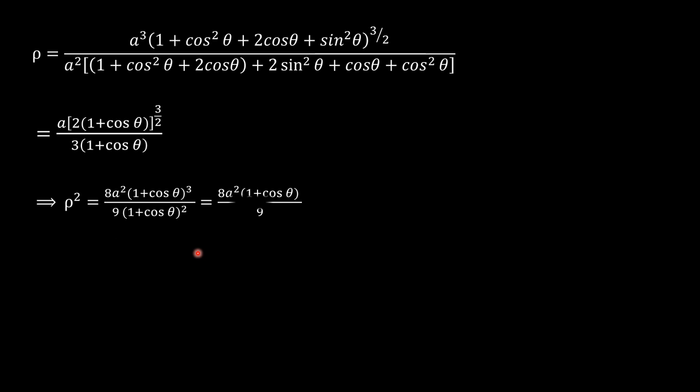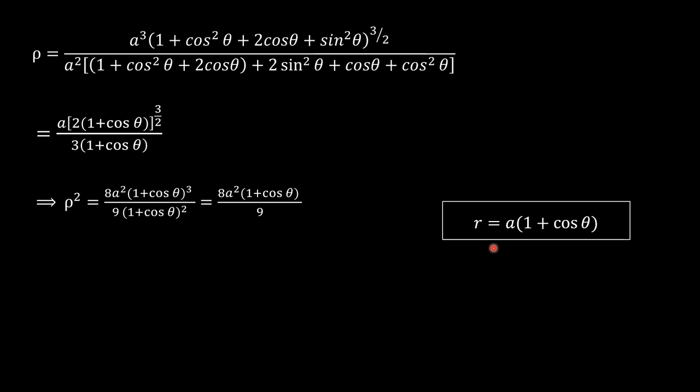Just cancelling the terms, so that rho square reduces to the form 8a square into 1 plus cos theta divided by 9. But what is a into 1 plus cos theta? A into 1 plus cos theta is nothing but r, isn't it? So just substituting it, so that rho square will be equal to 8a by 9 into r.